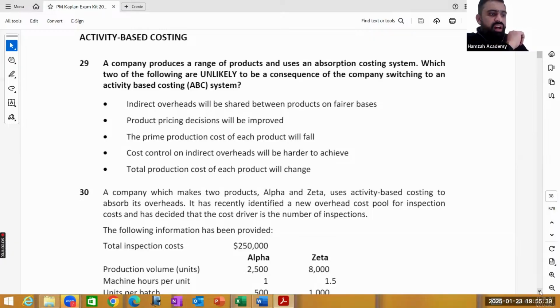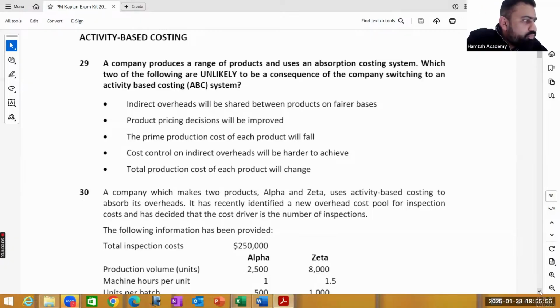Which two of the following are unlikely to be a consequence of the company switching to ABC?